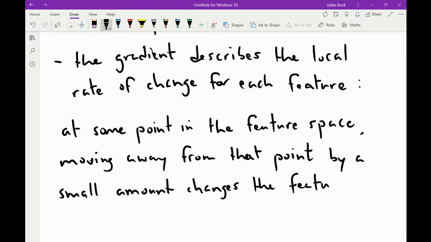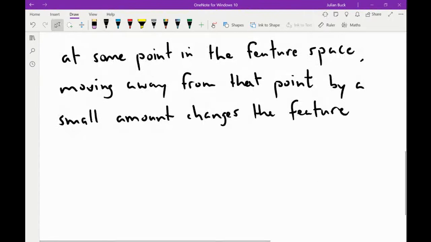It moves to another point in the feature space, so each feature now has a different value. So the gradient tells us by how much.